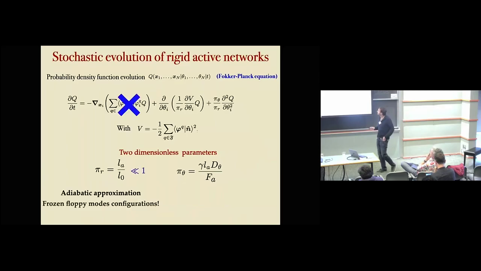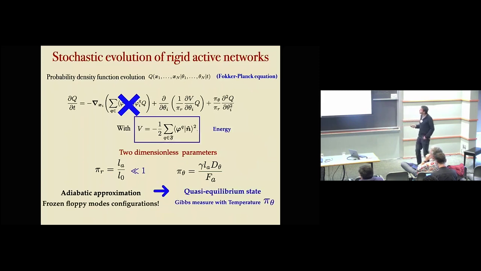So in many cases, when this parameter is much smaller than 1, something very nice happens: the Fokker-Planck equation can be written in such a way that, depending on a potential energy, it can be exactly solved for a given configuration, and the solution is given by a quasi-equilibrium state.